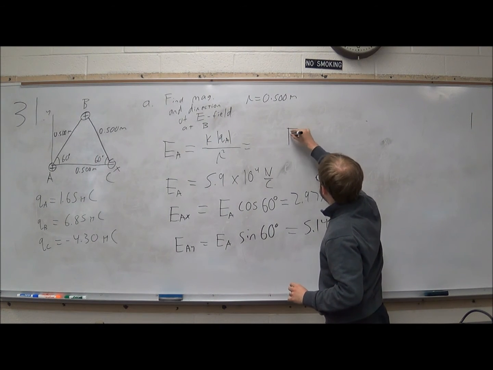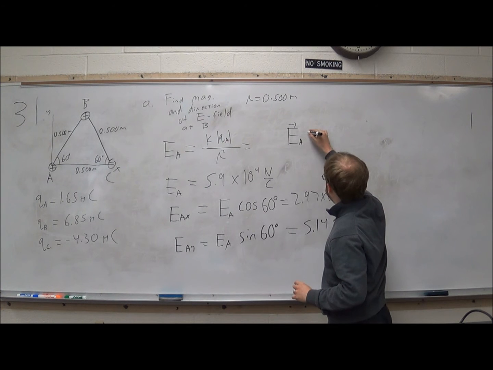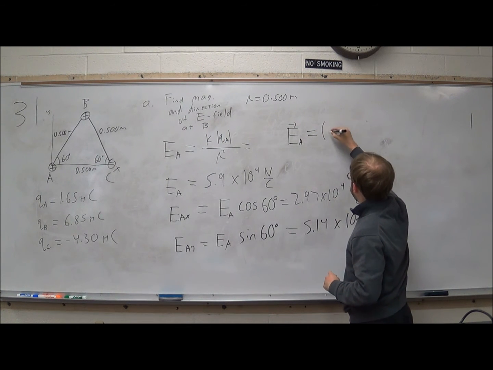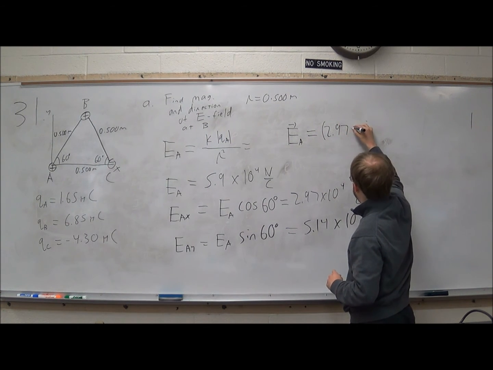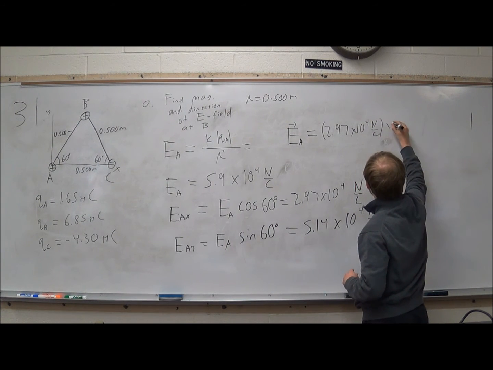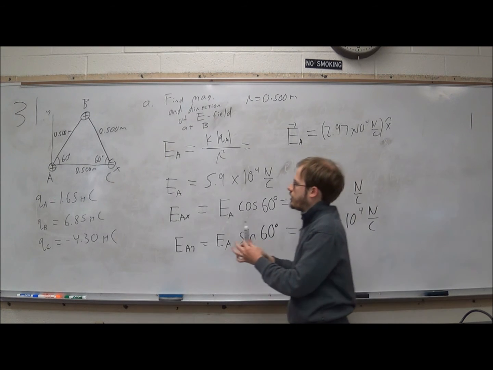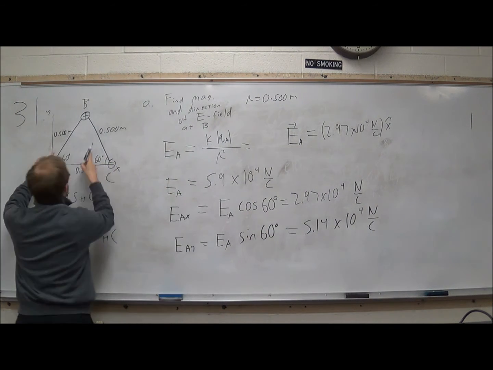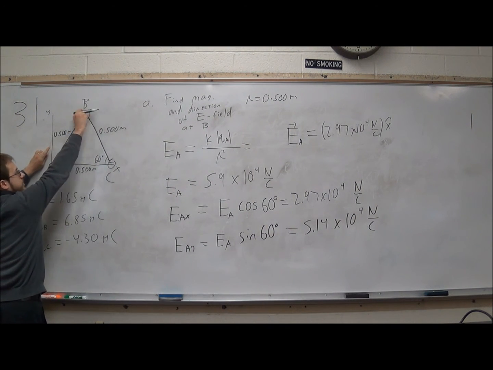So E vector A equals the x component, 2.97 times 10 to the fourth newtons per coulomb, x hat, positive x hat, because the electric field from A will be directed in the positive x direction.